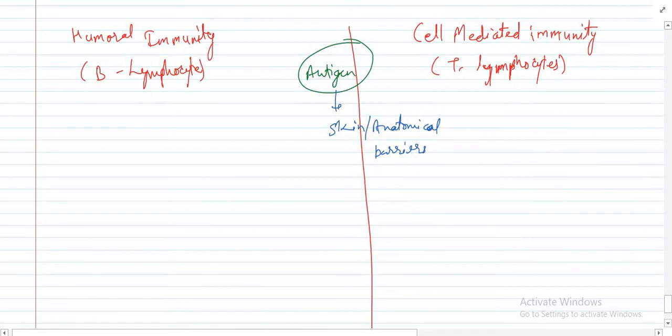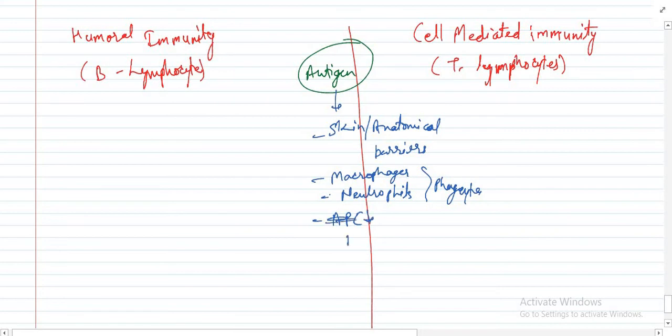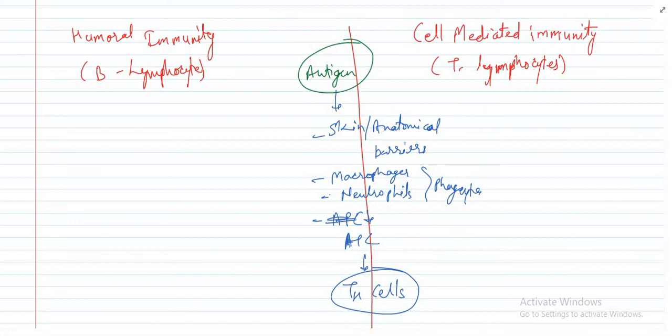They also encounter macrophages, neutrophils, meaning phagocytes. Then a signal is given to the APC, the antigen presenting cell, and the antigen presenting cell gives a signal to the TH cells, the T helper cells. This kind of T helper cell is very important.